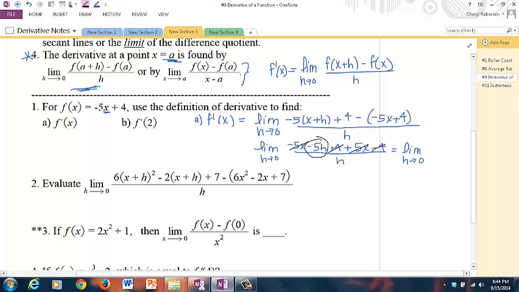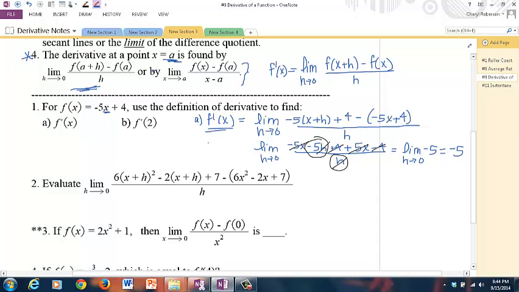And so notice I'm left with a negative 5h over positive h, and then those h's should cancel. So that means that my limit as h approaches 0, well, once I clean up all this, it looks like I'm left with negative 5. And so my limit value should be negative 5.